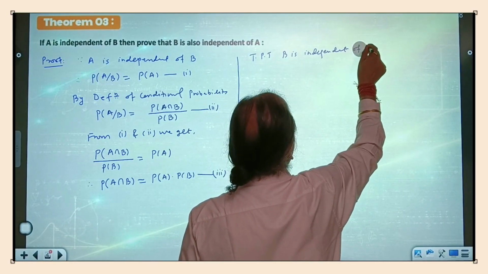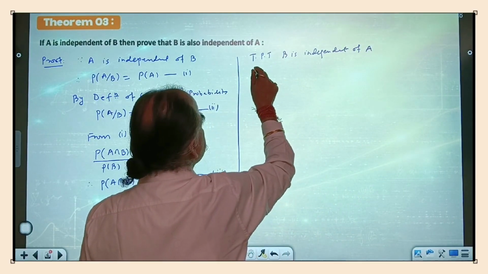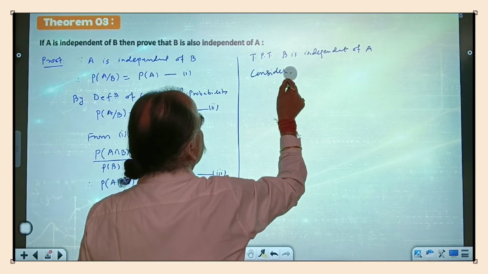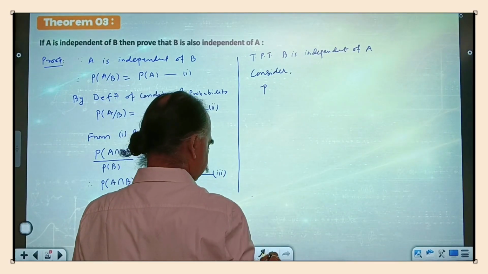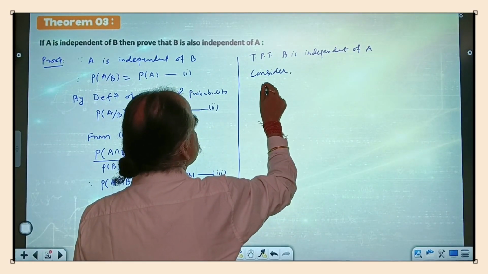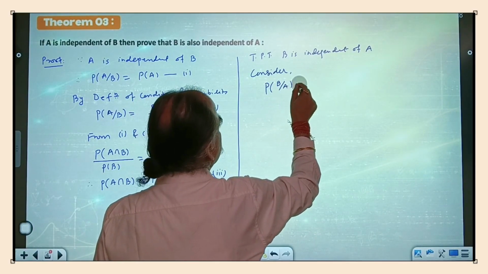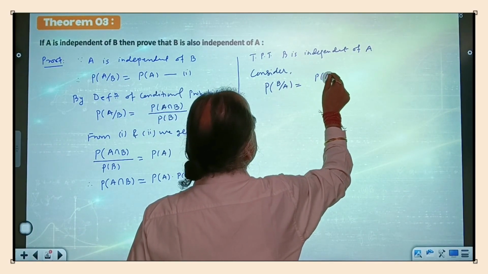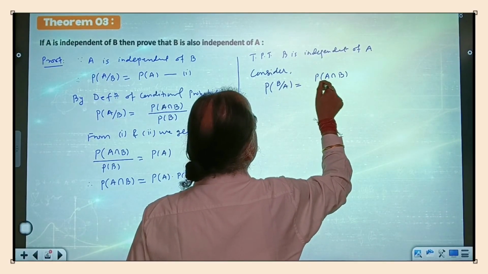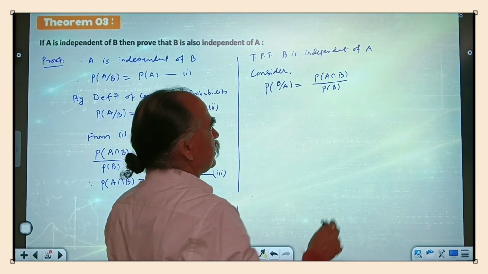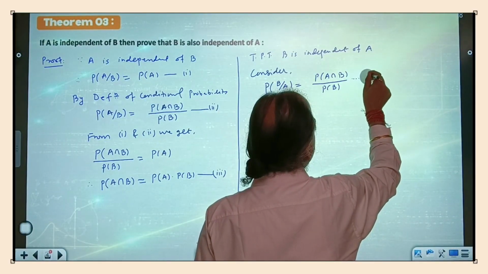To prove that B is also independent of A, consider probability of B by A. Probability of A intersection B upon P(A), by definition of conditional probability.